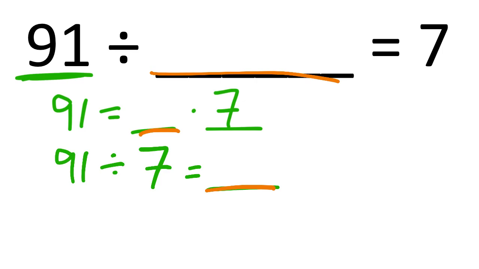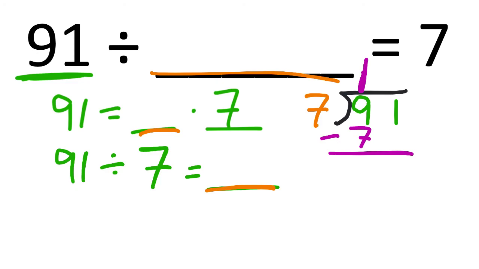So here, now that I know it's 91 divided by 7, I can use some long division for this. 91 divided by 7. That works. So 7 will go into 9 once. 1 times 7 is 7, so we used up 7 of those 9, which means we have 2 left over. Let's go and drop that 1 in the ones place value.